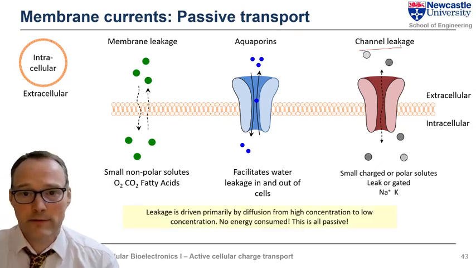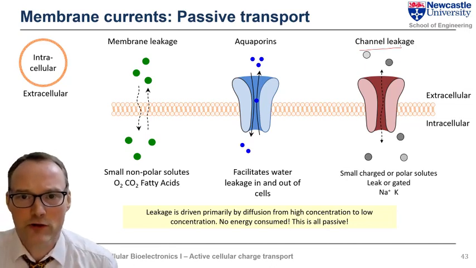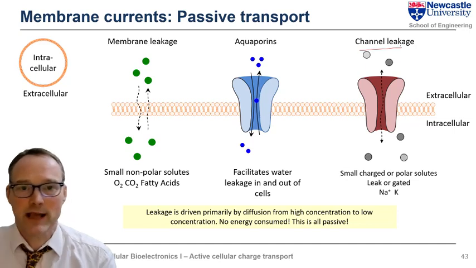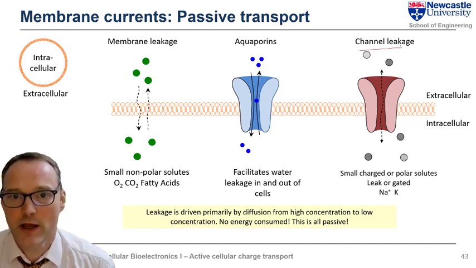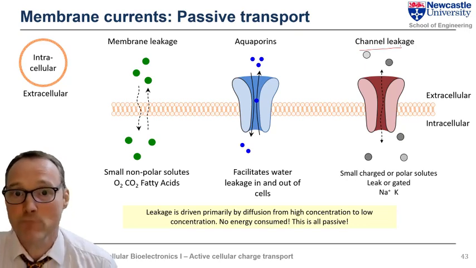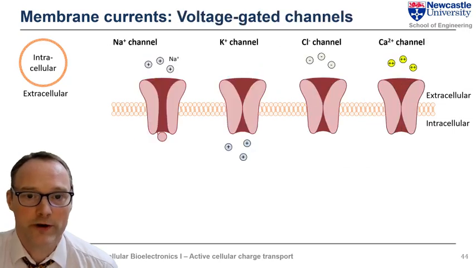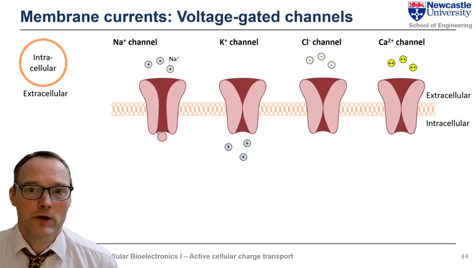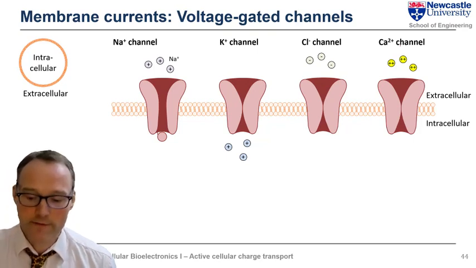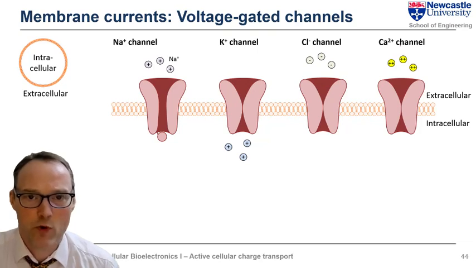Now again, when we think about channels and passive structures, the charge is moving just due to differences in concentrations. So this is diffusion. There's no additional energy put in to move charges in one direction or the other. If we look at channels in particular, we can think of these as voltage gated channels, which are the most important ones.